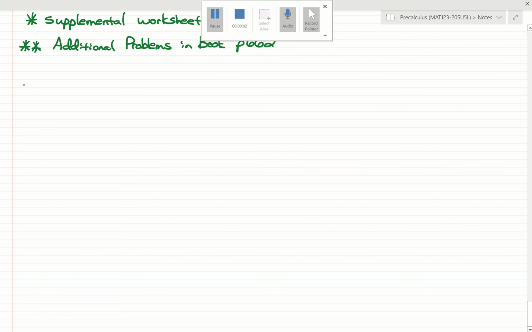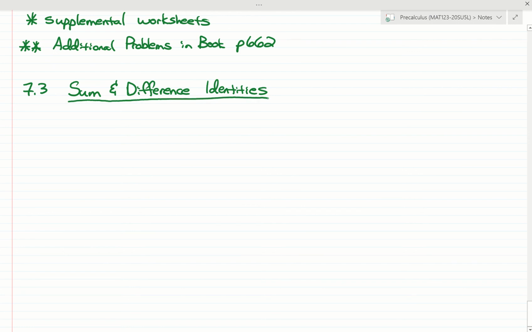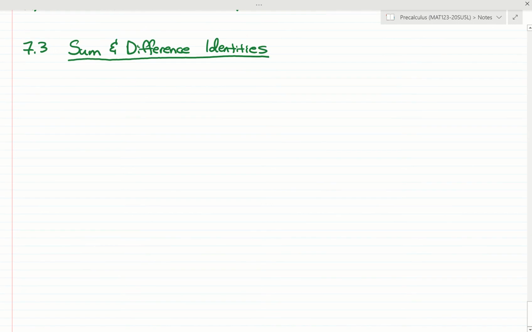In section 7.3, we're going to be looking at some new properties called the sum and difference identities. Now the deal is we have special angles and we have quadrantal angles, and we could actually use those to find other angles.